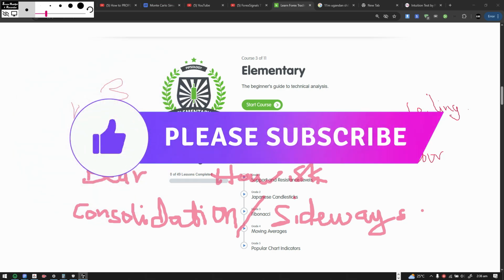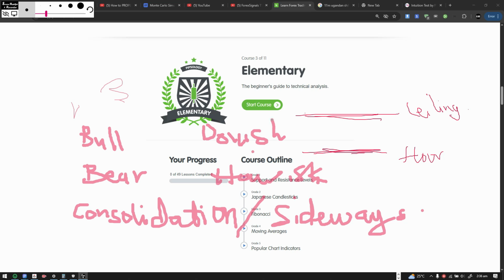With the bulls, you can say dovish. Okay, I can tell you the market is dovish, it means it's in a buy. We can also see buys for this, we can also see sells for this. So there are some petty terms traders use to outsmart people who don't trade.